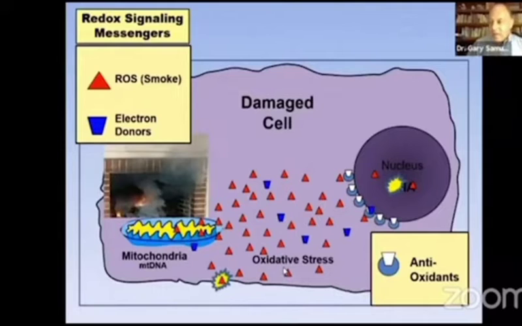And the cell, when it dies, it's a programmed death, is replaced by the neighboring cells that are healthy. And this is the way that the body heals itself. And so when I saw that we were able to produce these redox signaling messengers outside the body that could directly stimulate the processes inside the cell to let the cell repair and replace damaged tissue, it was incredible.